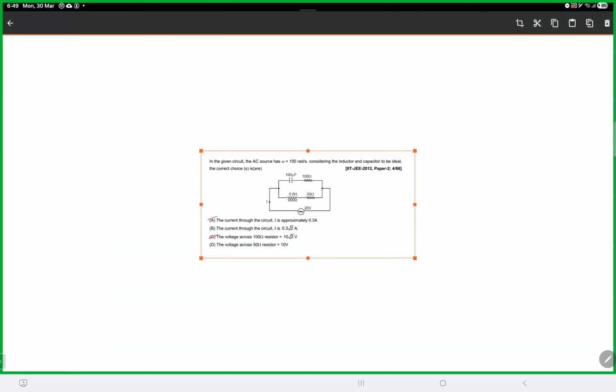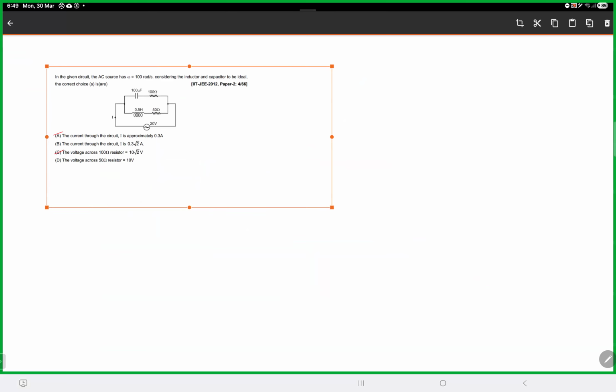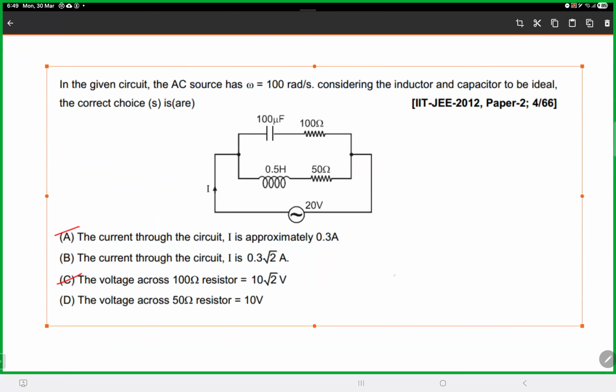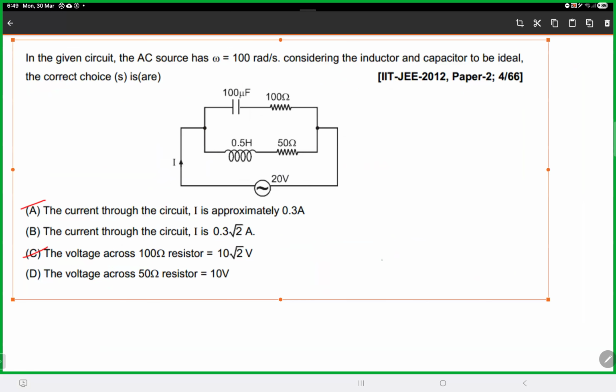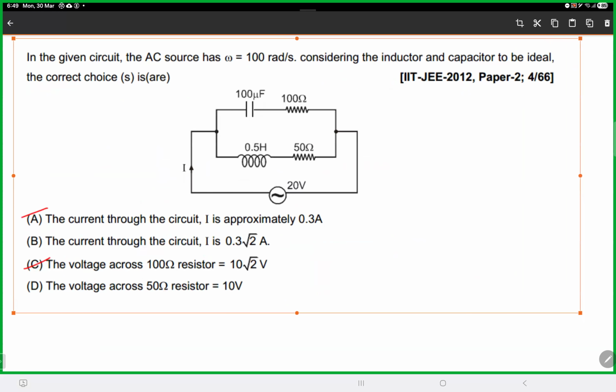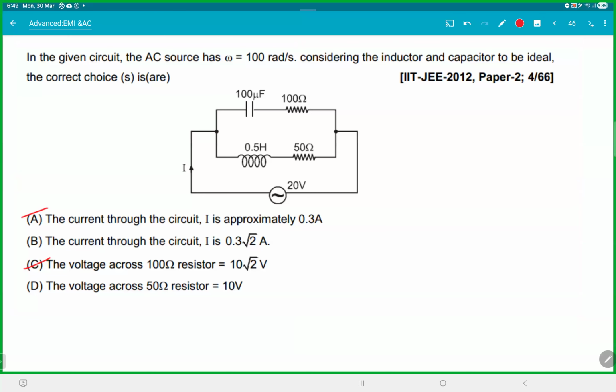There are some really good questions in the class notes. I'm doing 1 or 2 from the notes and showing you something else. But in the notes, especially the last 2-3 problems are paragraph based. You should definitely check them out. This is a 2012 JEE question. This is what I said: they will ask parallel stuff, so don't assume it's an RLC series. They will only give one simple argument.